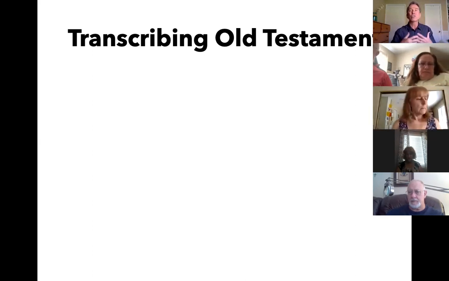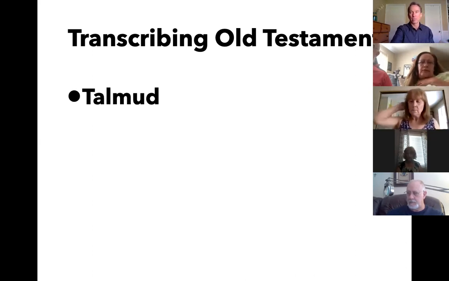As a result, all of these extra-biblical manuscripts, as I'll call them, were compiled, and it became known as the Talmud. The Talmud in the Jewish mind went side by side with the scriptures.